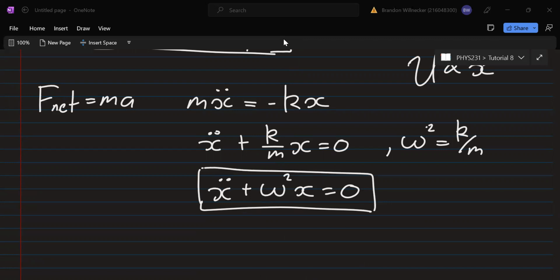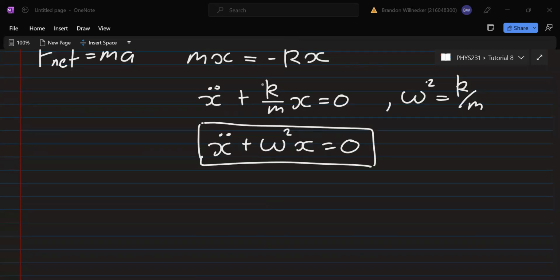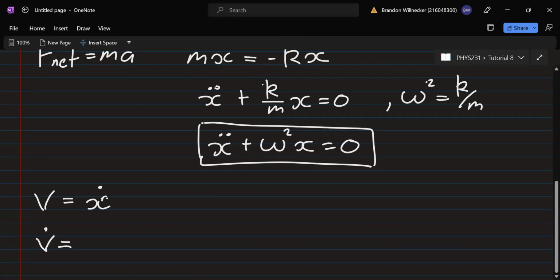Okay, so what we can do is turn this second order differential equation into two first order differential equations by introducing another variable v, which is given by x dot, similar to what we did in the previous tutorial. Doing that, we end up with v dot, that's x double dot, is minus omega squared x.